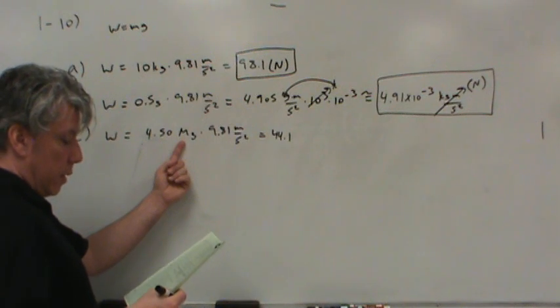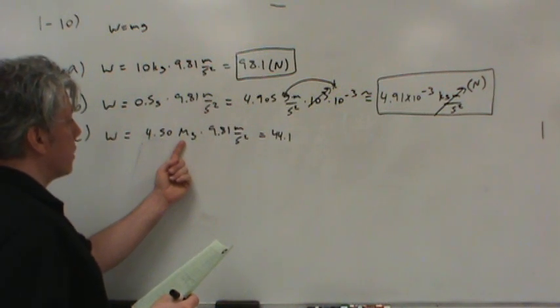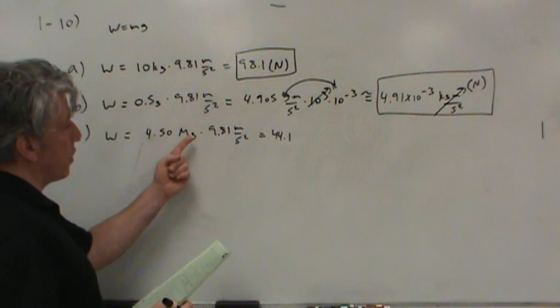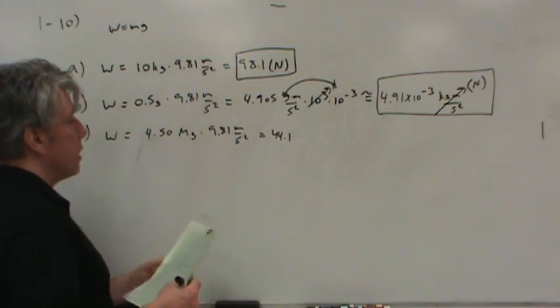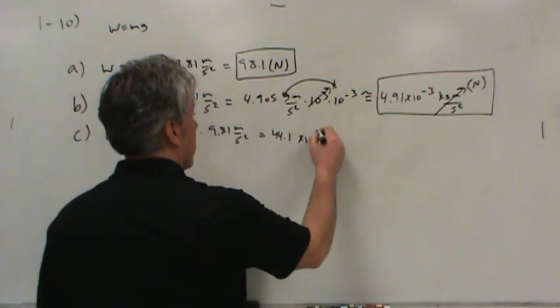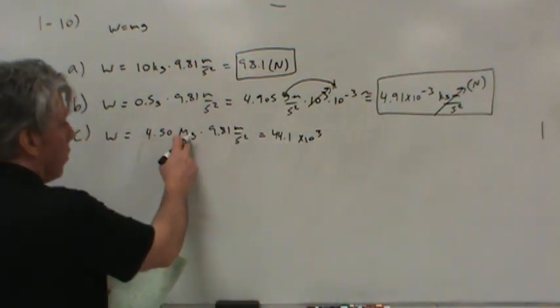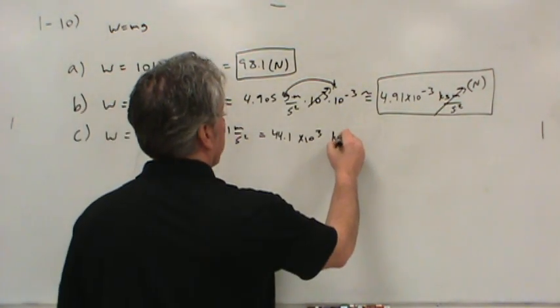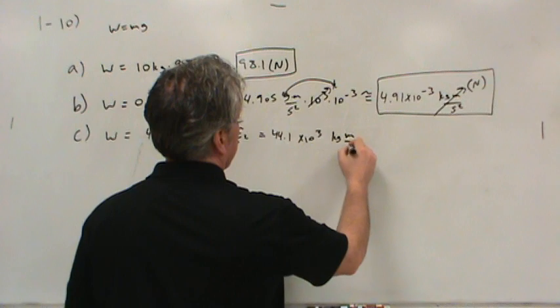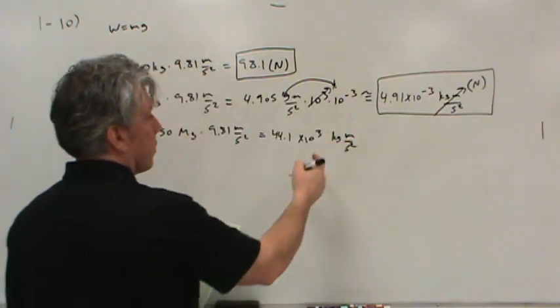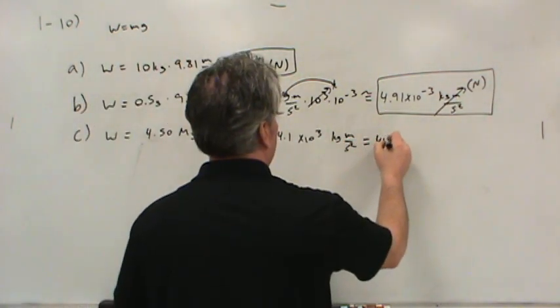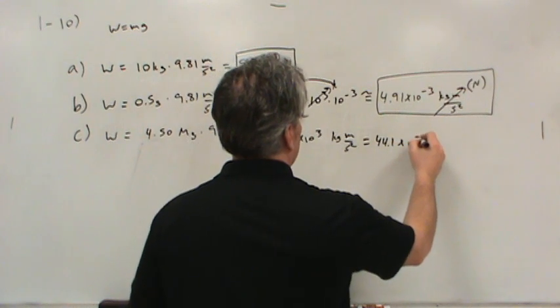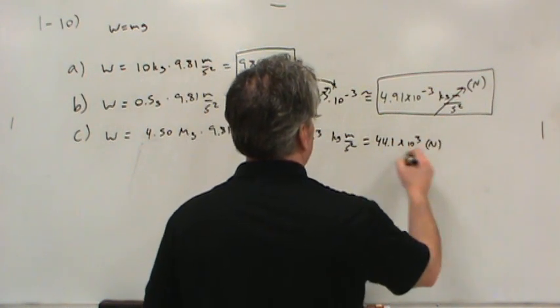Since it's 10 to the 6th, I'm going to leave 10 to the 3rd with this gram and make a kilogram, and take 10 to the 3rd out. So times 10 to the 3rd, that leaves me 1,000, which I can put with the grams to make kilograms. Again, these are newtons, so my answer is 44.1 times 10 to the 3rd newtons.